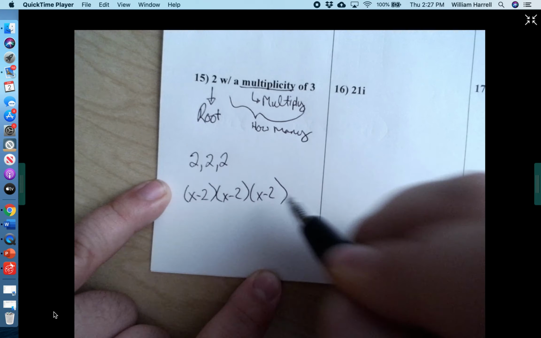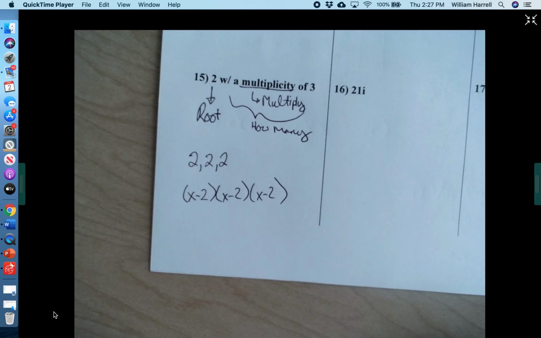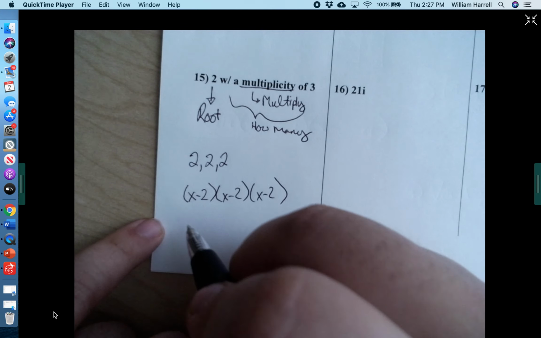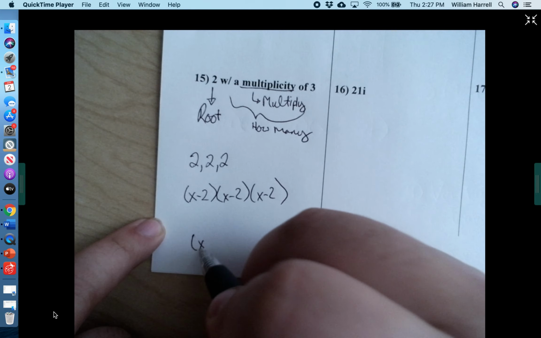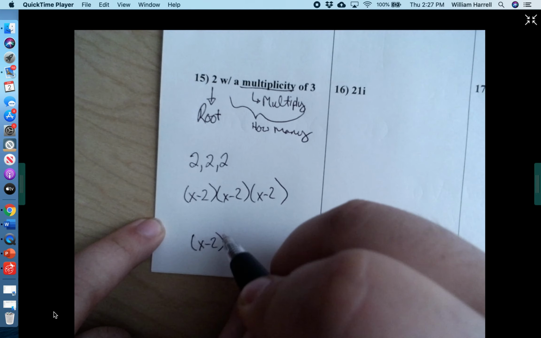So if I want to write a polynomial, again, what's my process? Change roots to factors. Alright? And then multiply. So, if you don't see this, this is your right answer. This is going to be on your test as an answer choice.